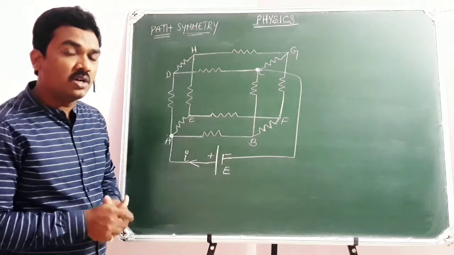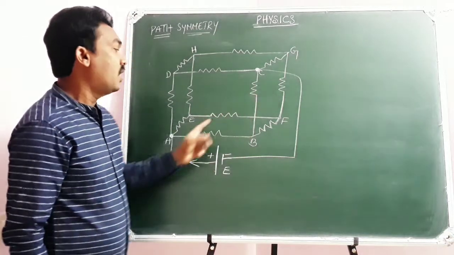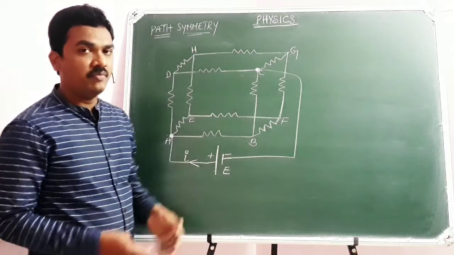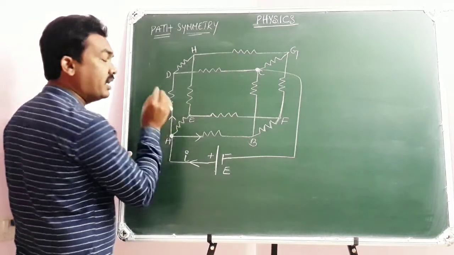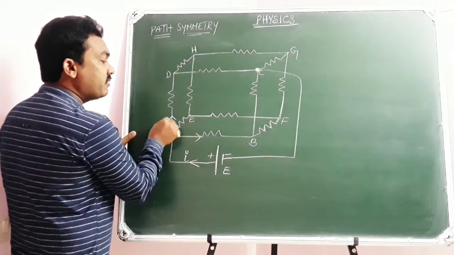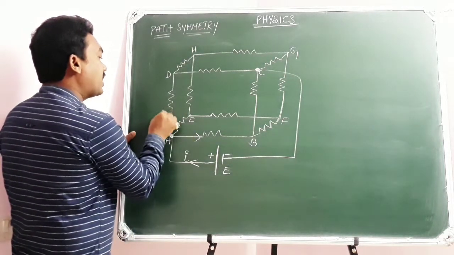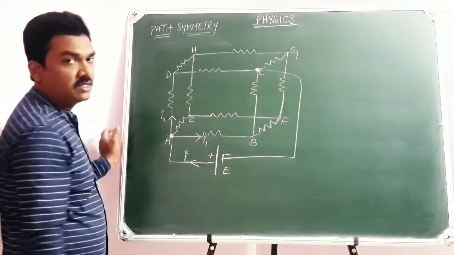So the configuration of resistors along the paths ABBC and ADDC is the same. That's why AB and AD are identical paths, and at the junction the current will be divided equally among such paths.